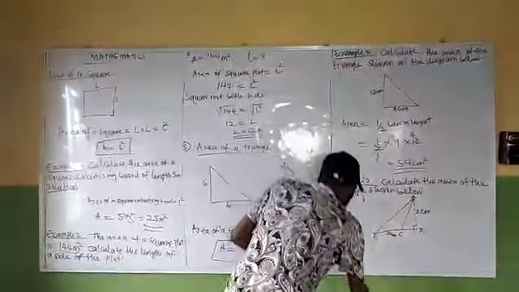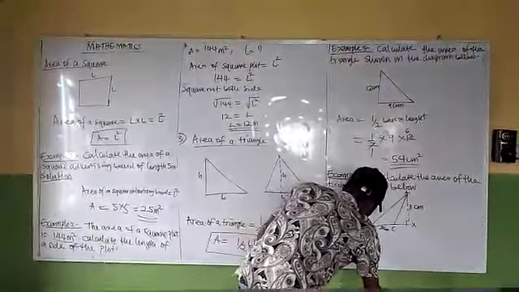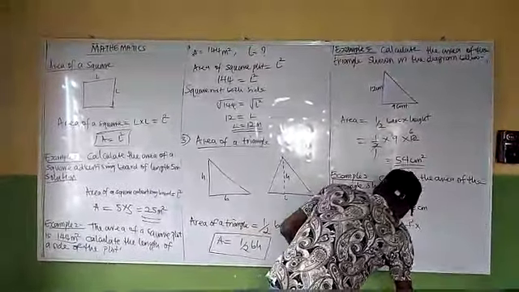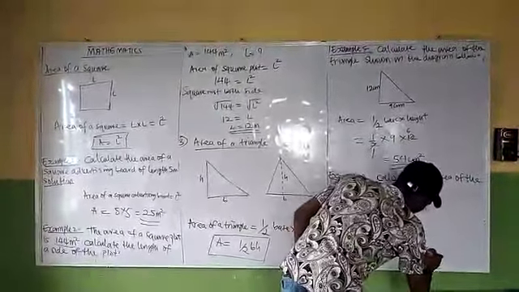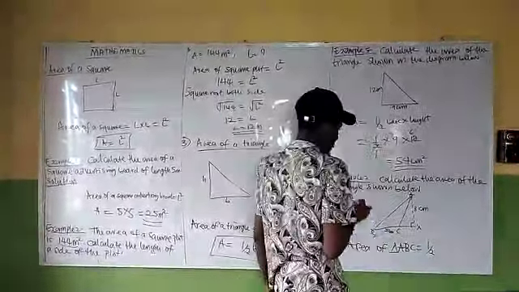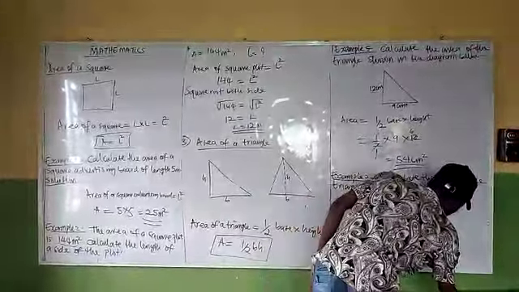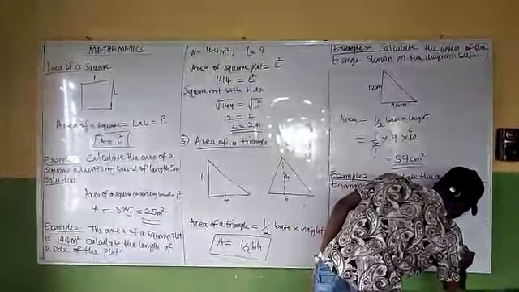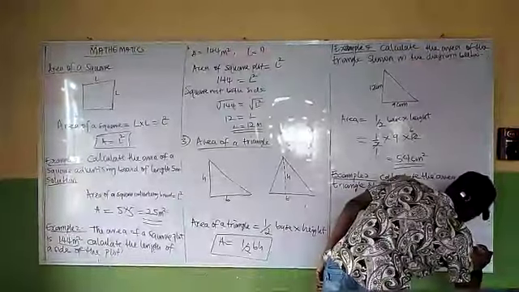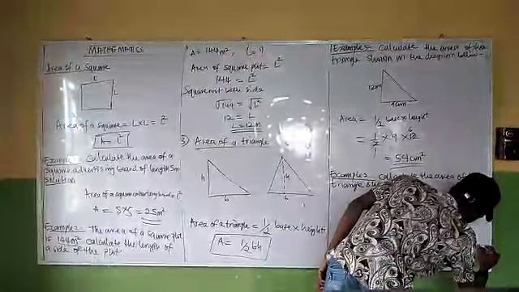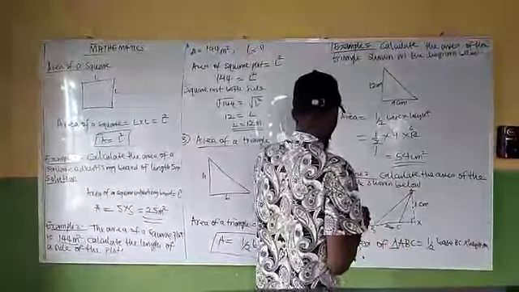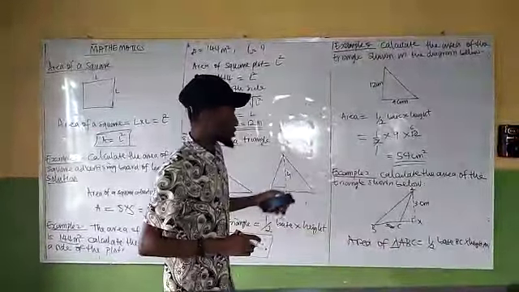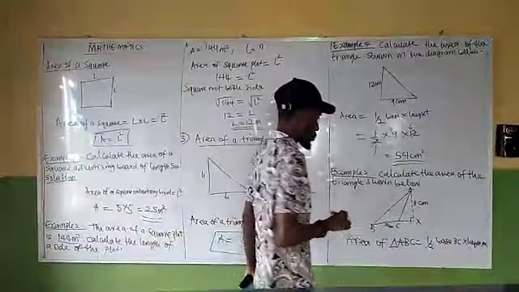So the area of triangle ABC is equal to 1 over 2 the base, which is BC, times your height, which is AX. So take note of that.